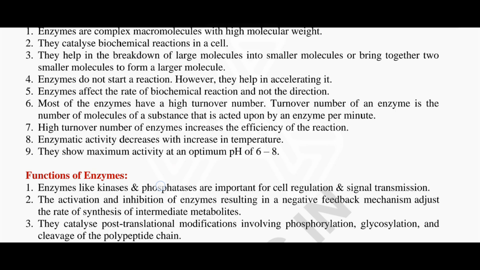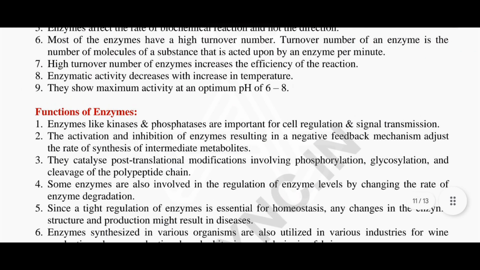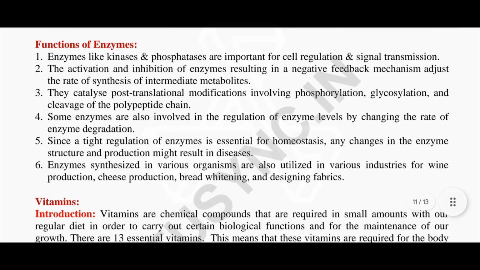Enzymatic activity decreases with the increase in temperature. They show maximum activity at the optimum pH of 6 to 8. Functions of enzymes: kinases and phosphatases are important for cell regulation and signal transmission. The activation and inhibition of enzymes, resulting in a negative feedback mechanism, adjusts the rate of synthesis of intermediate metabolites.